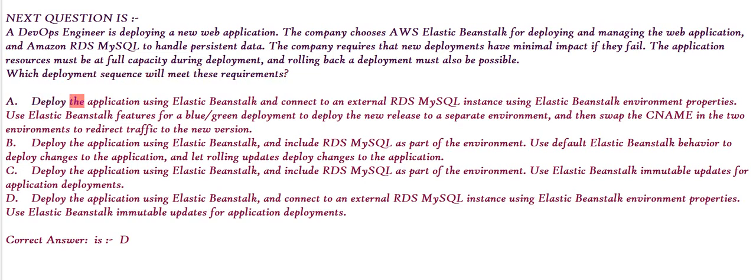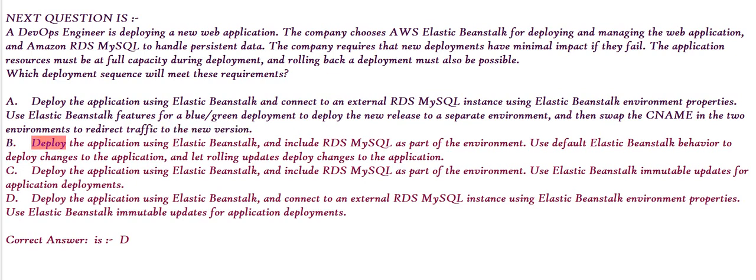A. Deploy the application using Elastic Beanstalk and connect to an external RDS MySQL instance using Elastic Beanstalk environment properties. Use Elastic Beanstalk features for a blue/green deployment to deploy the new release to a separate environment, and then swap the name in the two environments to redirect traffic to the new version.